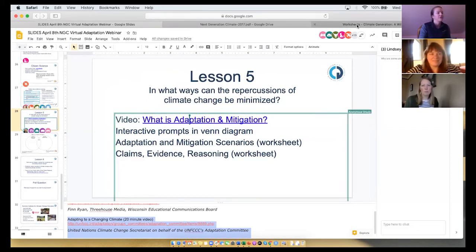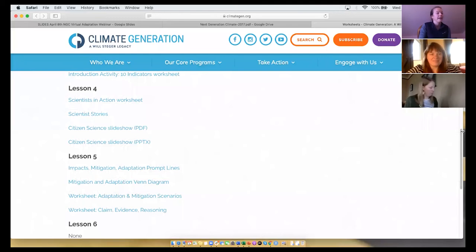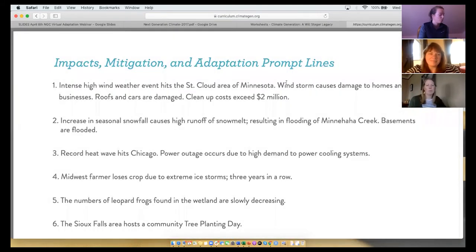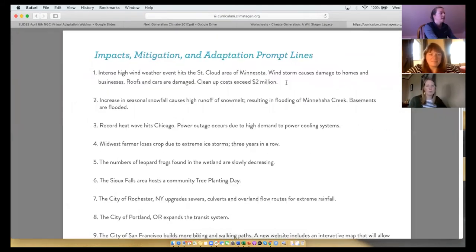And in our worksheets tab for lesson 5, we want to navigate there. We have different activities. We have a worksheet that has adaptation and mitigation scenarios, and we have an evidence and reasoning worksheet as well. But one thing I wanted to show you was the mitigation and adaptation prompt lines worksheet and the associated Venn diagram worksheet.